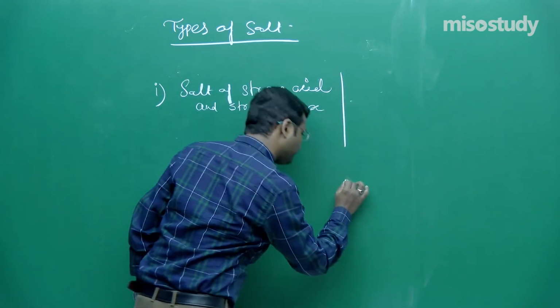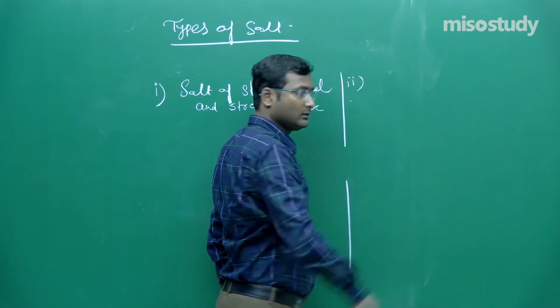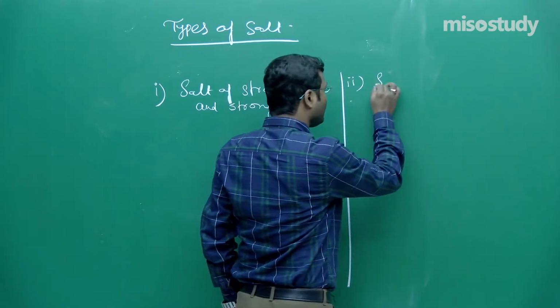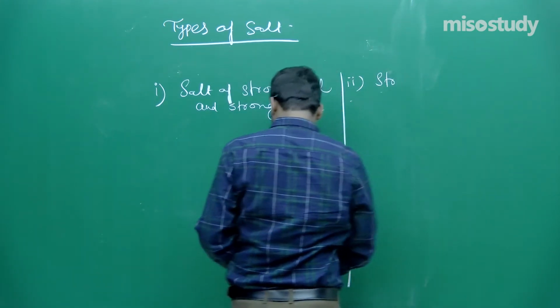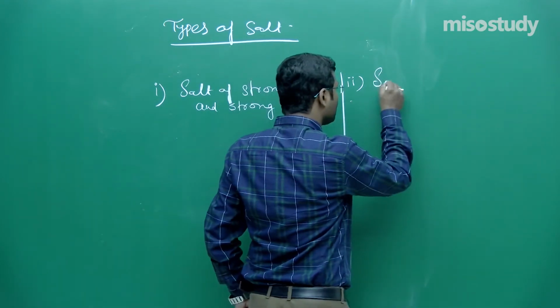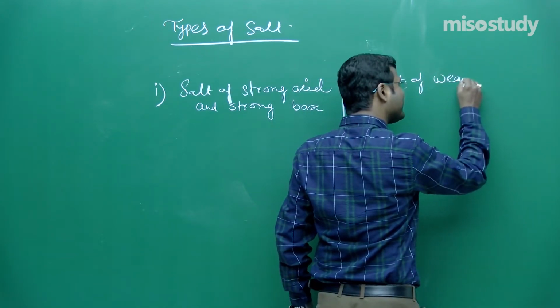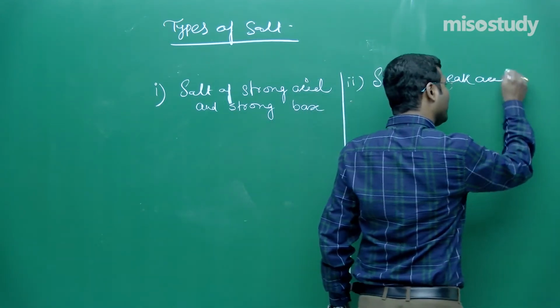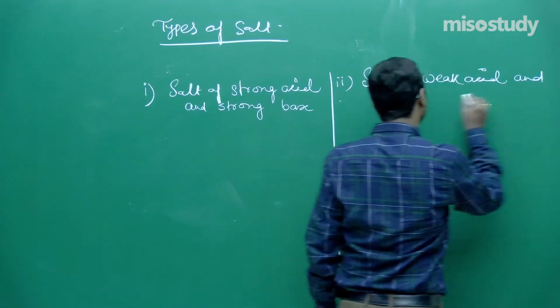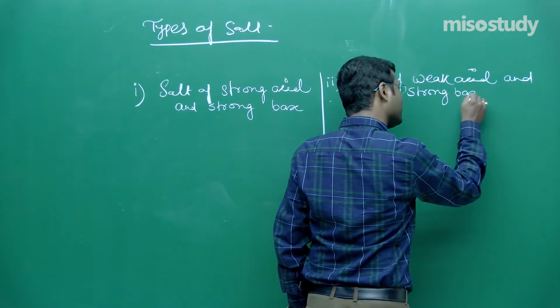Okay, friend. Now, the second one is, it's very simple, you can write, salt of weak acid and strong base. This is the second example.